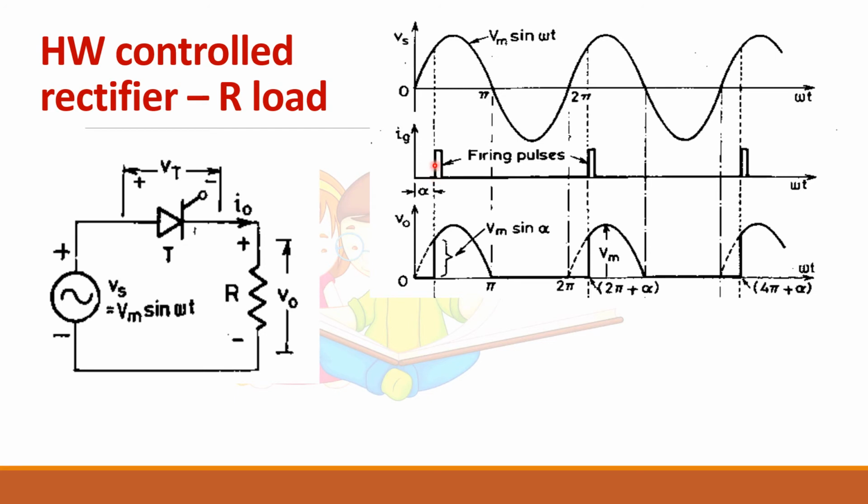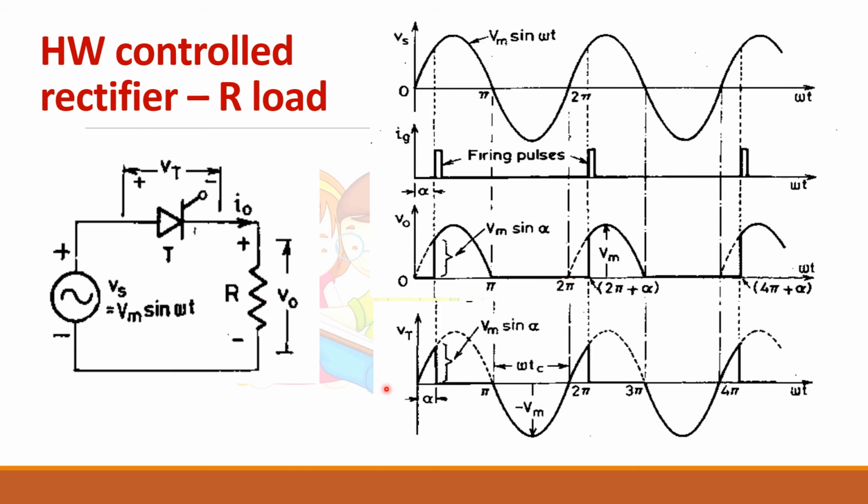Only if it receives the gate pulse, it will start conduction. So till that the output voltage is 0. After that it follows the input voltage waveform. And during the negative half cycle, it gets turned off due to natural commutation, and from pi to 2 pi the output voltage is 0.